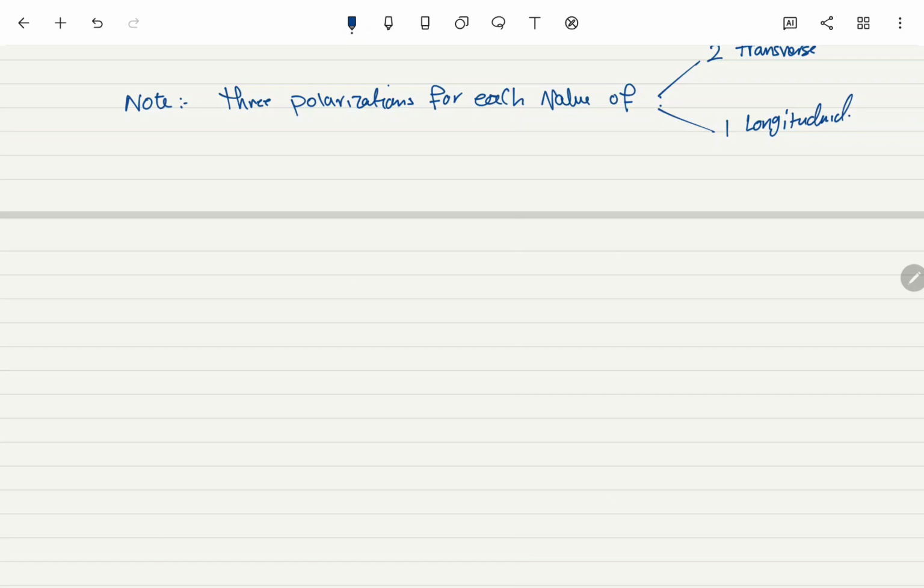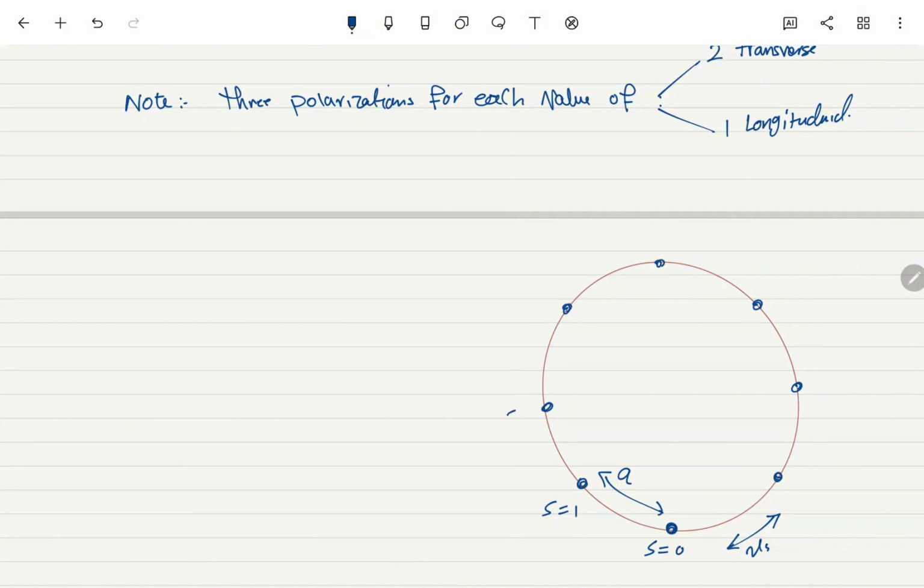Now let's consider the case for density of states in 2 dimensions. So if this is particle 1, 2, this is the displacement u_s, and here is the spacing a in this case. This is s equal to 0, s equal to 1, 2, until s equal to 8.